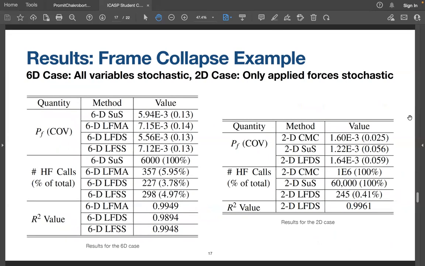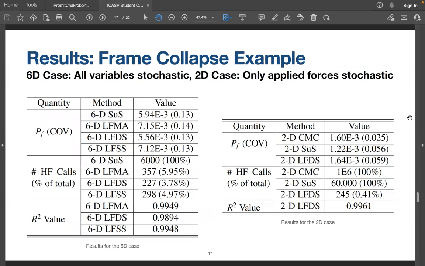On the left, we see the table that compares all 3 of the assembly strategies of the proposed method to subset simulation for the 6-dimensional case, whereas on the right, we compare the 2-dimensional deterministic selection assembly strategy to both crude Monte Carlo, called CMC, and also subset simulation.